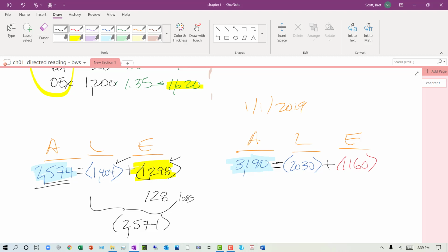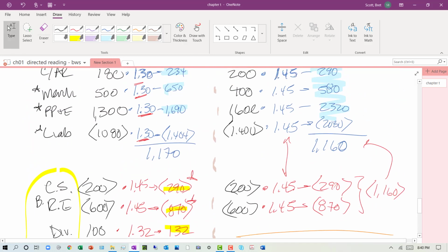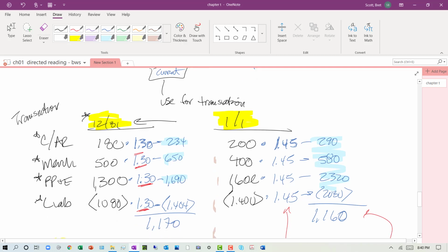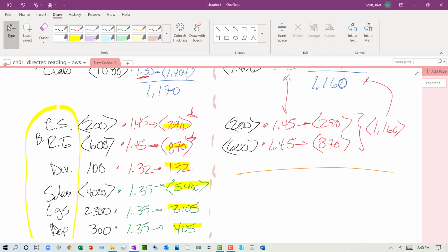You can look at it by going line by line through all of this stuff. And it's a pain in the neck, and that would take you forever to do. But there's a shortcut. The shortcut simply says, look, the only thing that really causes the numbers on January 1st to be different from the 12-31 is what? What has really changed?